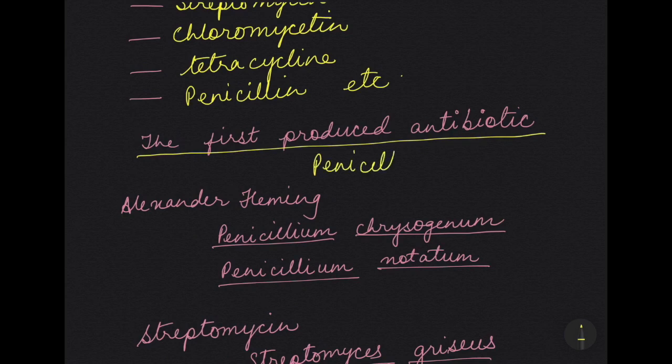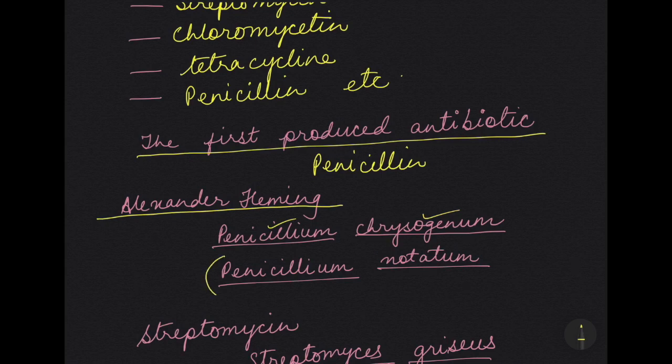penicillin. Okay, in 1929, Alexander Fleming was working with some bacteria and he had grown some bacteria in a culture in his lab, and suddenly he saw some fungus growing on it, a mold which was known as Penicillium chrysogenum.